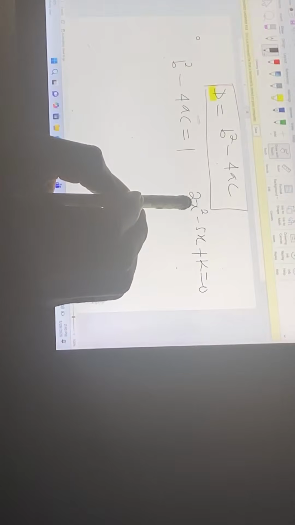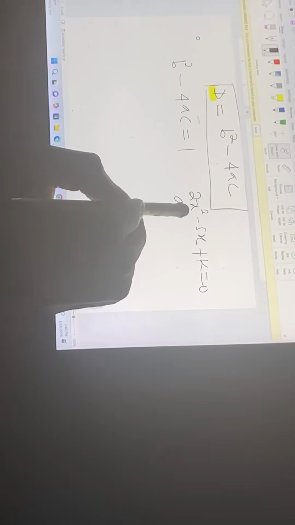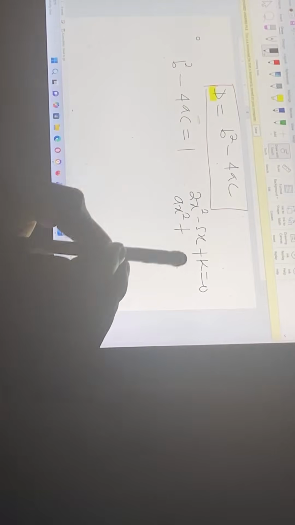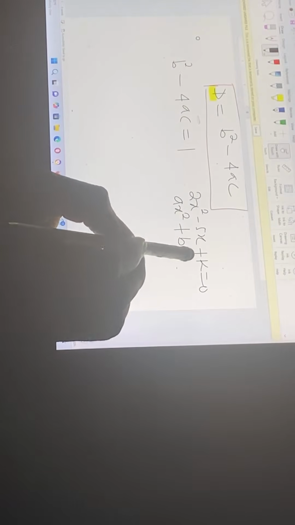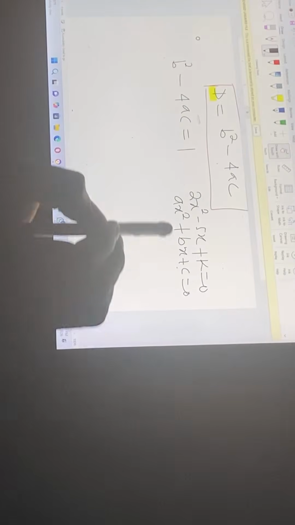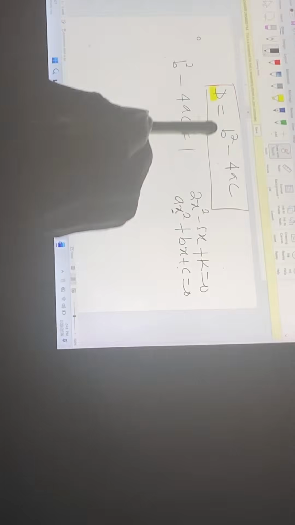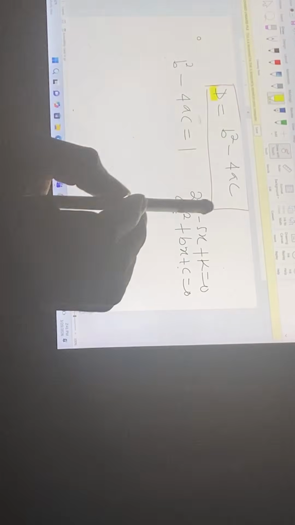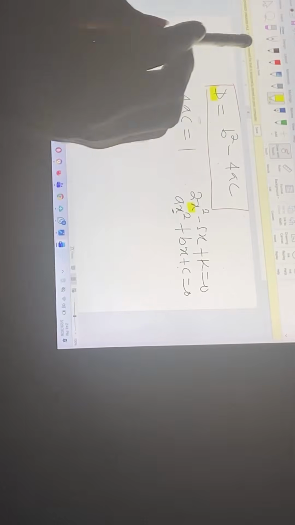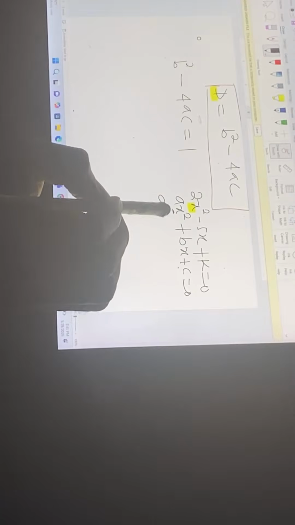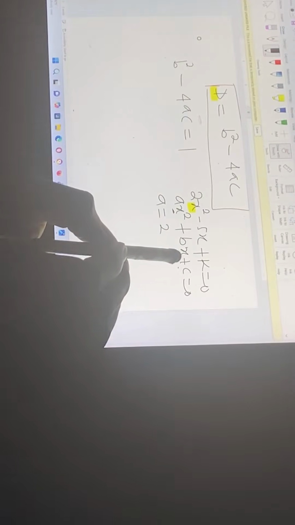Compare this with the general format of a quadratic, as squared plus bs plus c is equal to 0. So from here, this is s squared, and the coefficient of s squared is a. Please take note. So our a here is equal to 2.